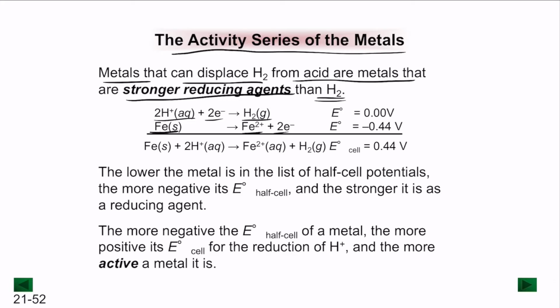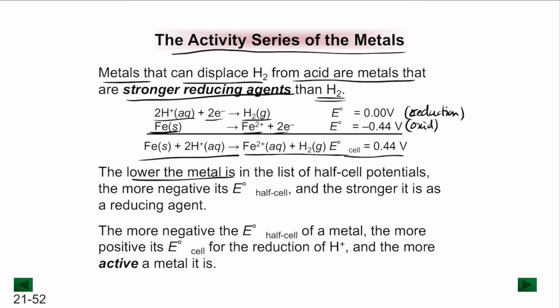The main reason is because it can displace electrons from hydrogen. Now the combined product results in the formation of hydrogen gas, and always the one that is negative undergoes oxidation, the one that is more positive undergoes reduction. So that gives you the E cell value of 0.44 volts.